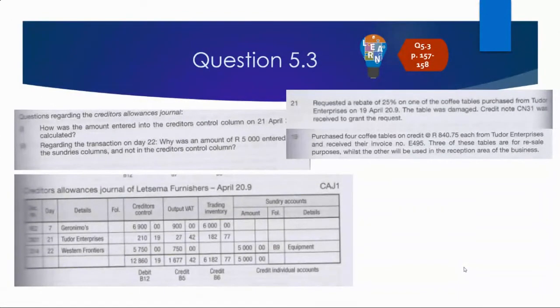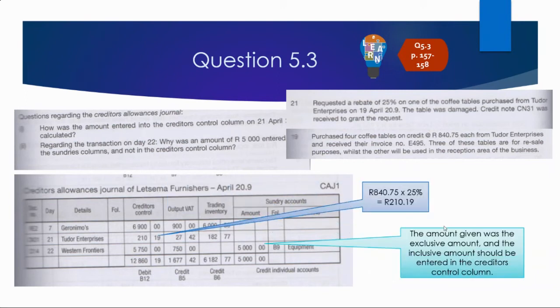Okay, so Tumelo says we take the 840 and 75, divide by 4 to get to 210. Okay, so that seems to be correct.